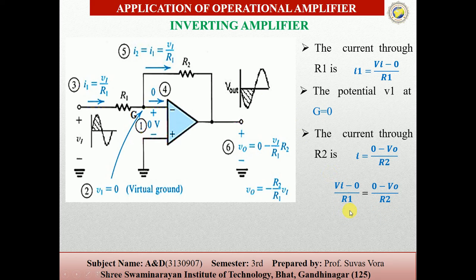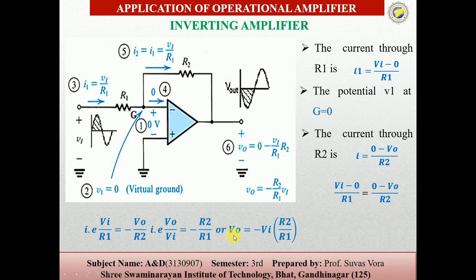So if I compare the two equations, Vi minus V0 upon R1 equal to 0 minus V0 upon R2. So our equation, Vi upon R1 equal to minus V0 upon R2, that is V0 upon Vi, output upon input, is equal to minus R2 by R1.